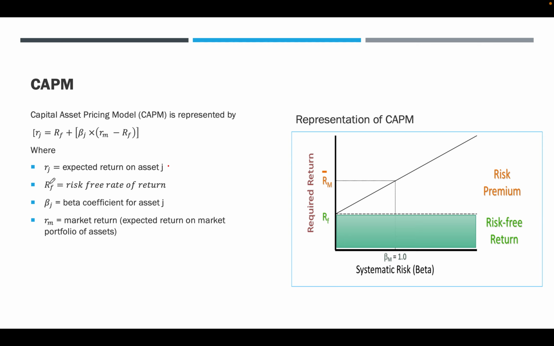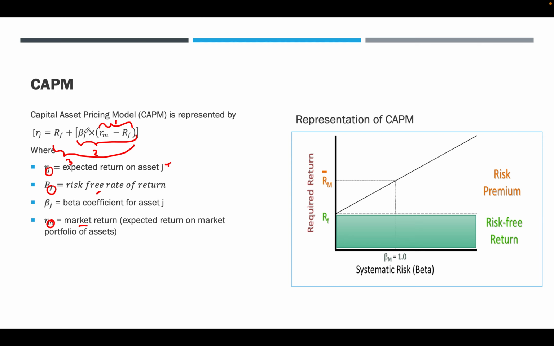This is the explanation of each symbol, whereby J, F, and M are representations of the asset. J is the asset, F is the risk-free rate, and M is the market return. Using this formula, you need to solve this one first, then this is the second, and only then the third.